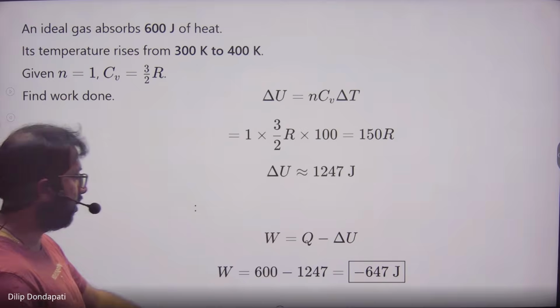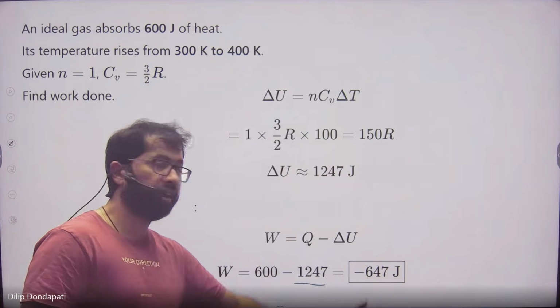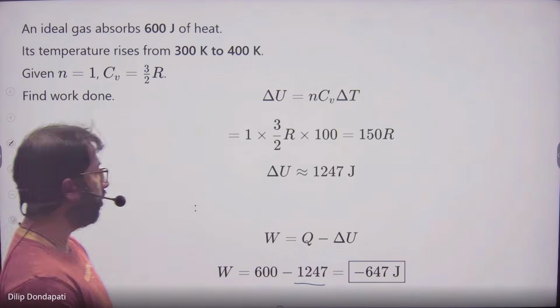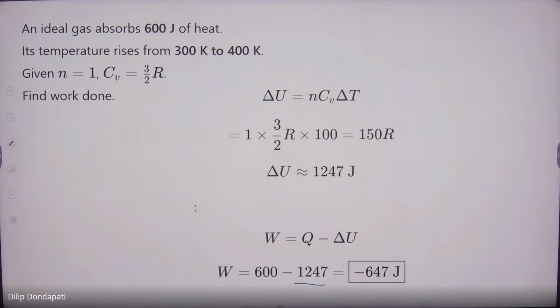Okay, that is minus 647 joules. If you do 150 into 8.3, you'll get 1245. Subtract, and you'll approximately get minus 647 joules. Sometimes R is 8.314, so it will come out like this.